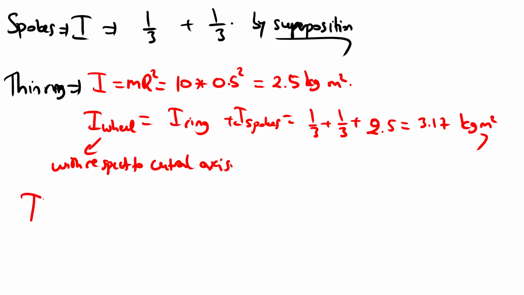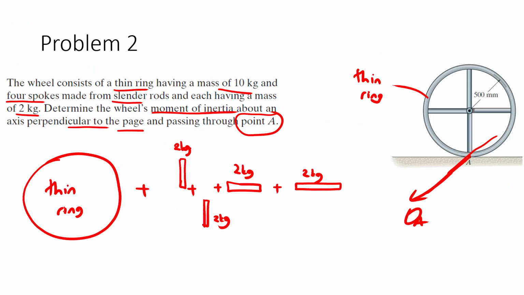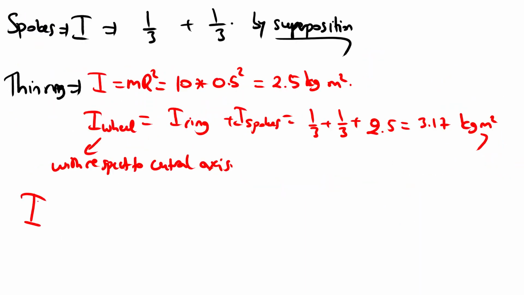The question says I with respect to A. That will be I central plus m d squared by the parallel axis theorem.